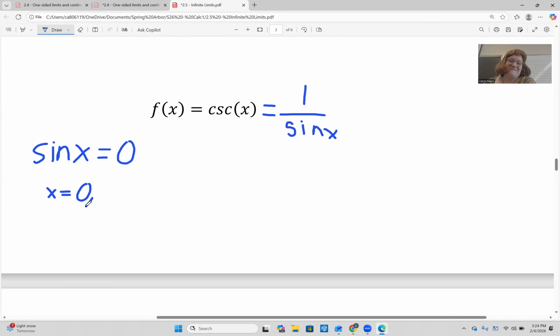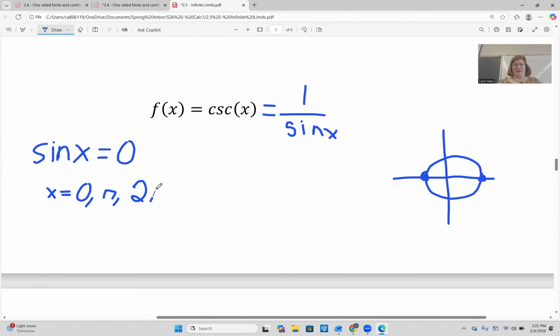Okay, sine goes with what coordinate on the unit circle? Here is sine of 0. Here, y crosses the x-axis again. What would be halfway around the circle? Pi. What would be another halfway around the circle? 2 pi to get all the way around. Do we see a pattern?